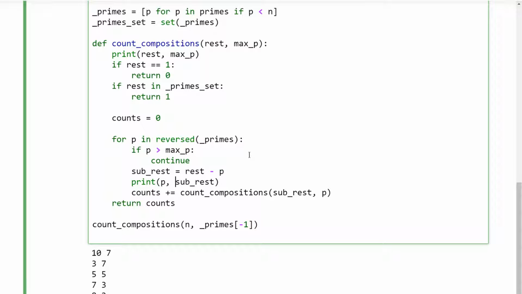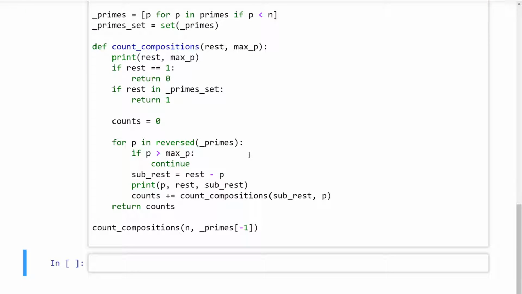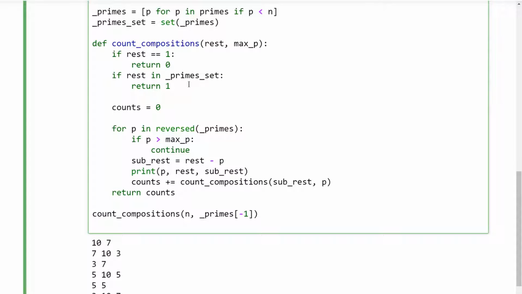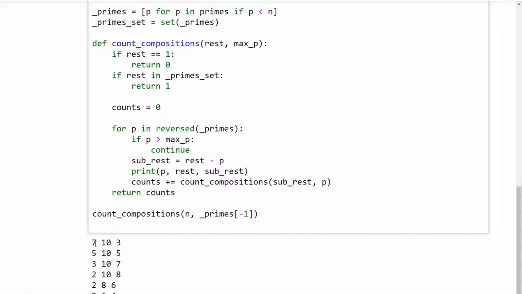No, that's true. Yeah, okay, rest. Let's see. Oh, we do reverse? Okay, starting from 7. I think we're missing the 5 case. Okay, so we're not doing the 5 multiple times.